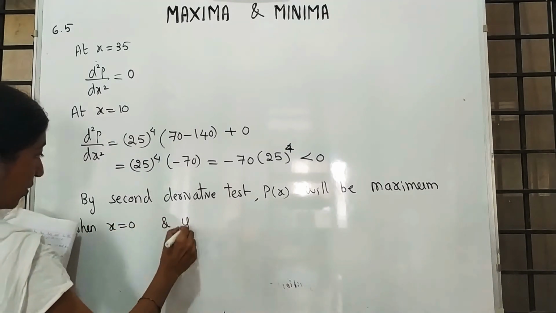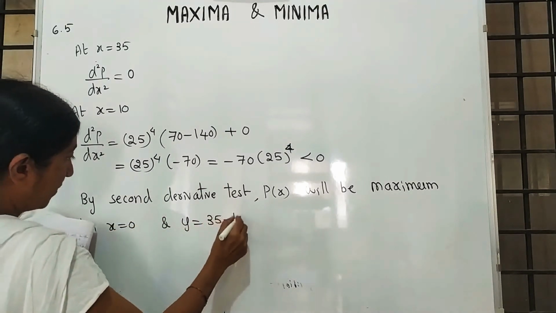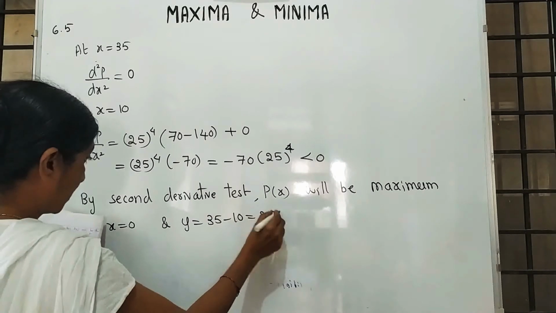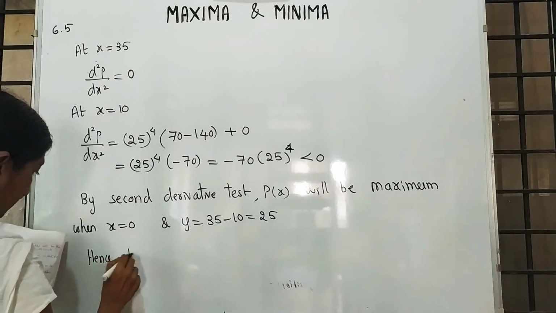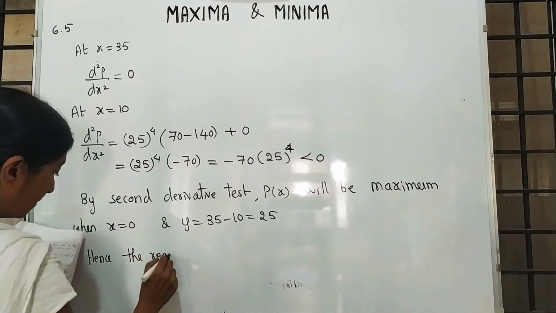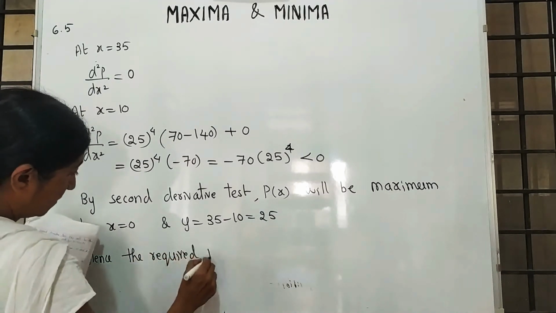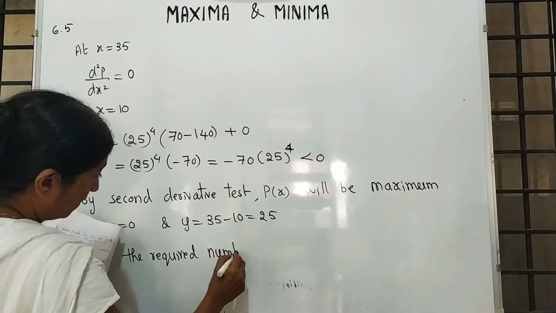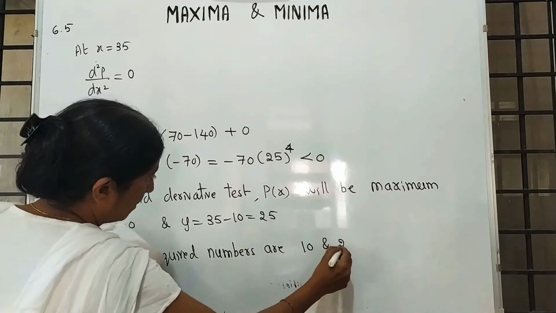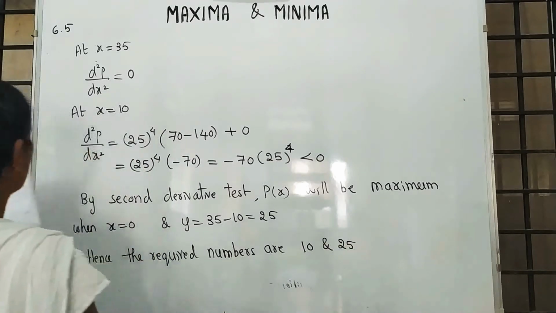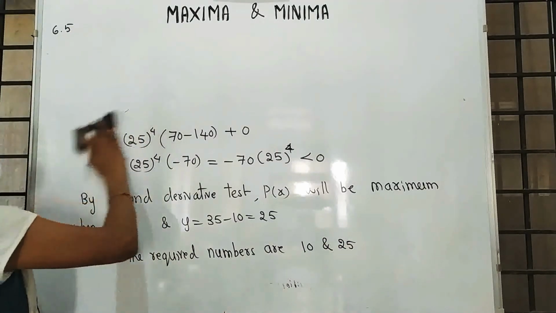And y is 35 minus 10, that is 25. Hence the required numbers are 10 and 25. Yes. Moving to the next question, that is question number 16.